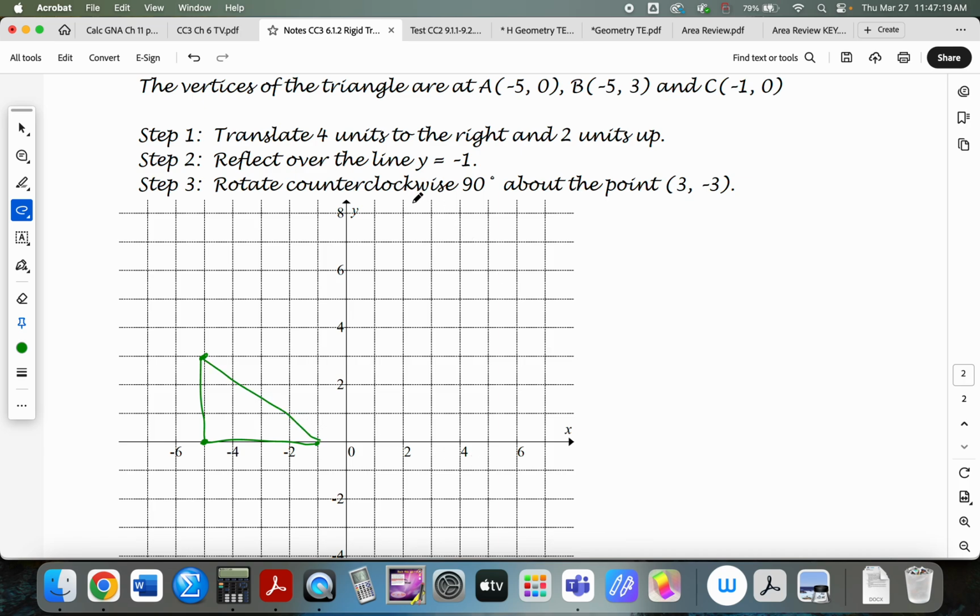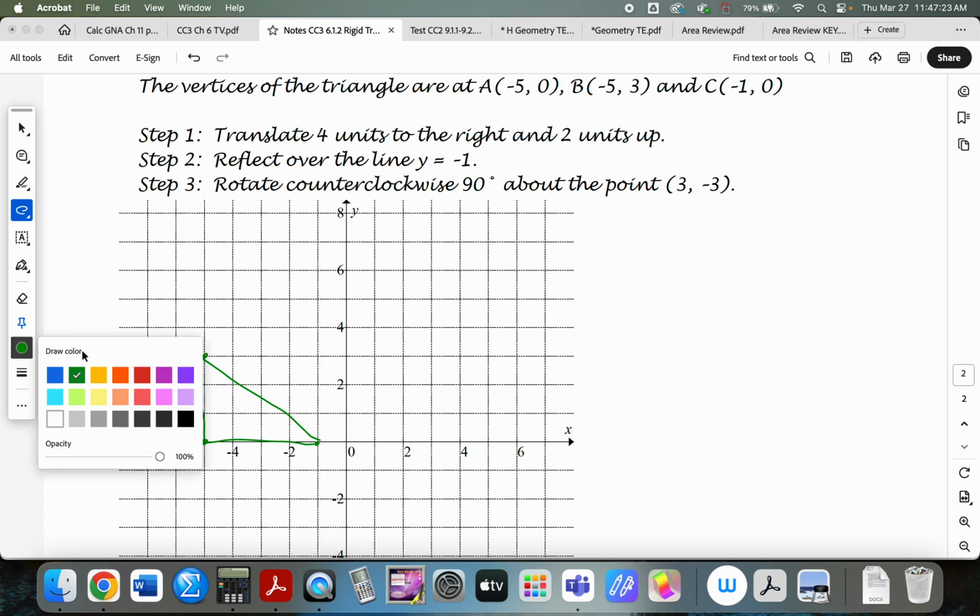It says translate 4 units to the right and 2 units up. I'm just going to do a different color every time just for the fun of it. So to the right 4 and up 2.